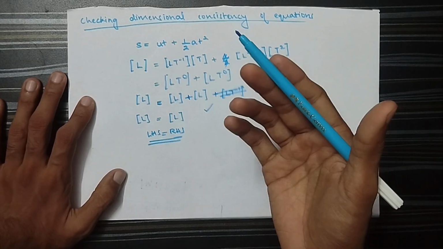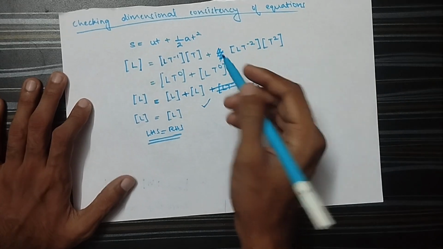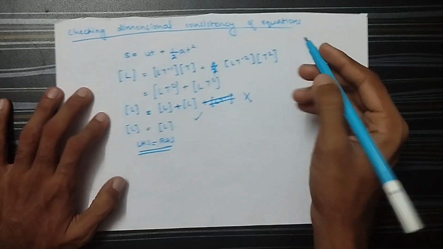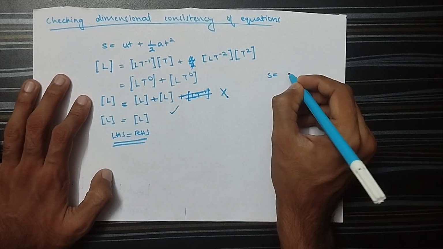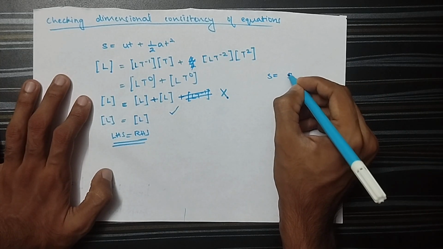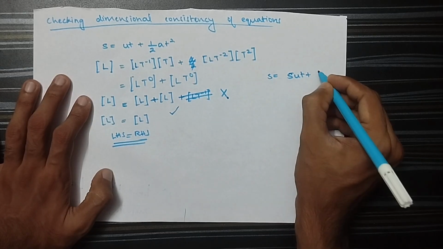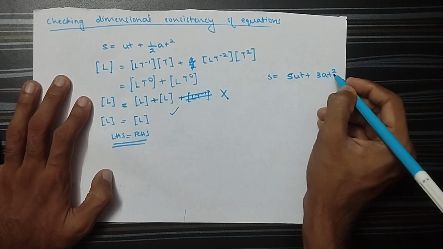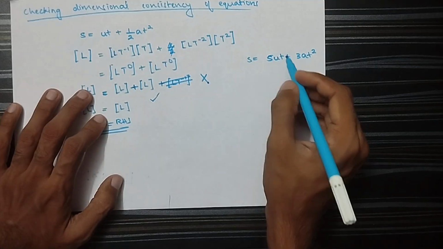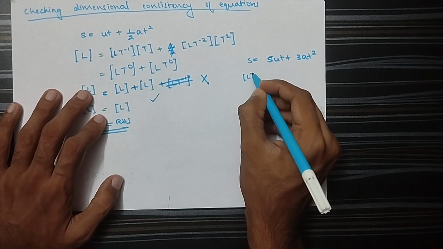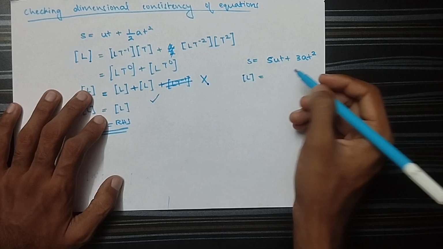But we didn't actually prove it. For example, if we write another equation, S is equal to 5ut plus 3at square, even if we do this, we can write L equal to 5, which is a dimensionless constant.